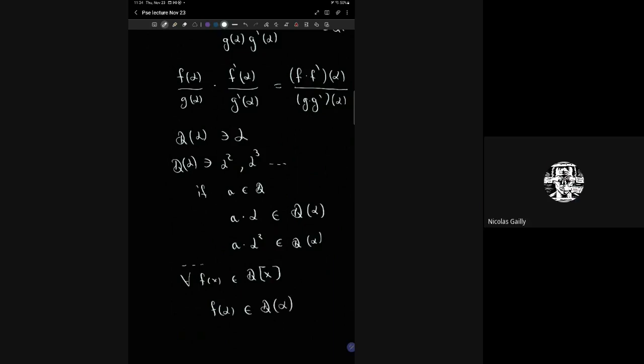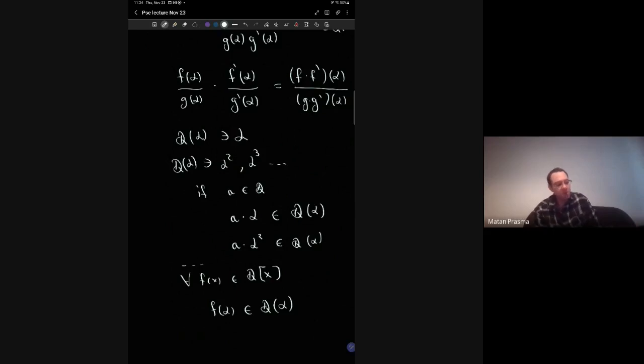Oh, I see. Okay? Now, this is supposed to be a field. So there must be some kind of element that is the inverse of alpha, so alpha to the minus 1 must belong to Q of alpha. And similarly, alpha to the minus 2 and so on, they also must belong to Q of alpha.